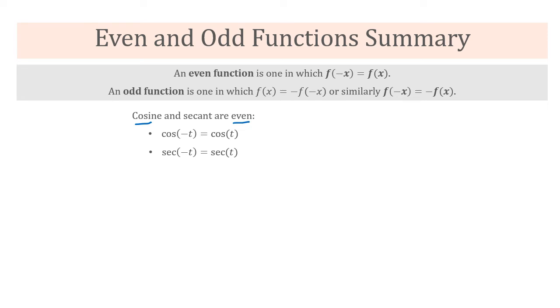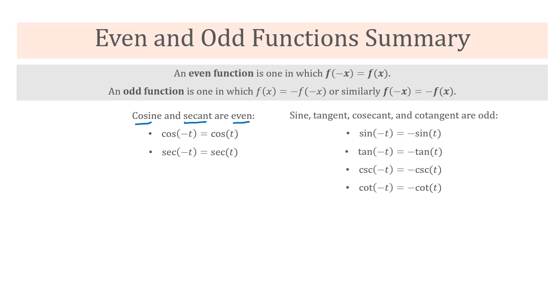Well, the answer is because cosine and secant are reciprocal functions. So secant is made up of the cosine function. So they're both even functions. The sine function, we said, was an odd function. And because there's a relationship between the sine, the tangent, the cosecant, and the cotangent, those all have sine values in them, those are all going to be odd functions.